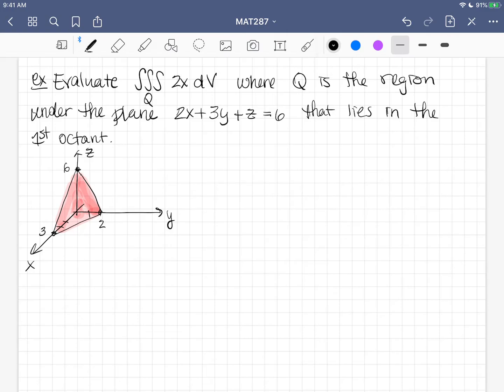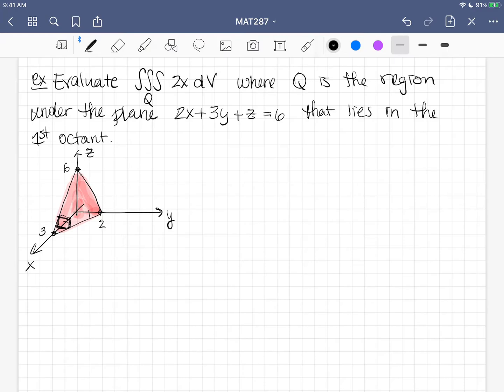When you think about what we're doing here to evaluate the volume, we're taking little pieces of the volume inside the pyramid shape. So the first thing I want to think about is what the bounds on z are.